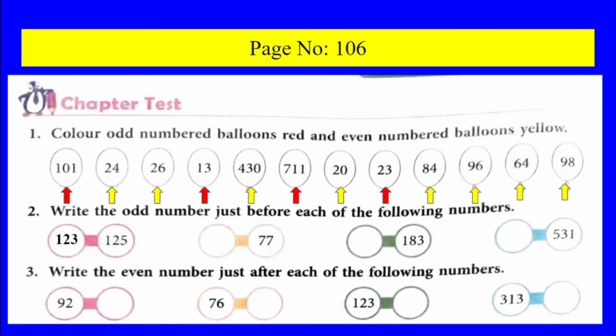Yes, 75. So here the number 75 ends with the number 5. Therefore it is an odd number. So 75 is the odd number that comes just before 77. So here we will write 75.